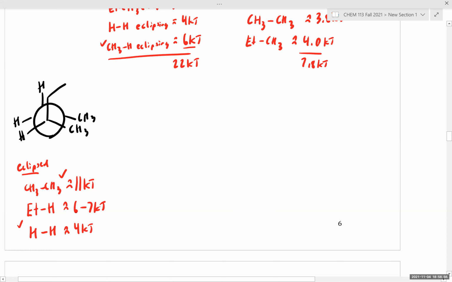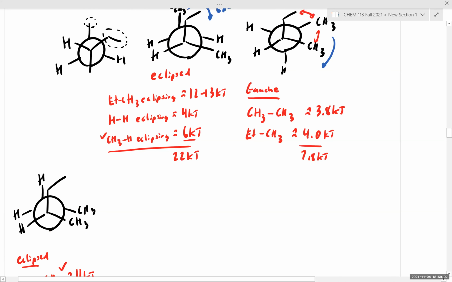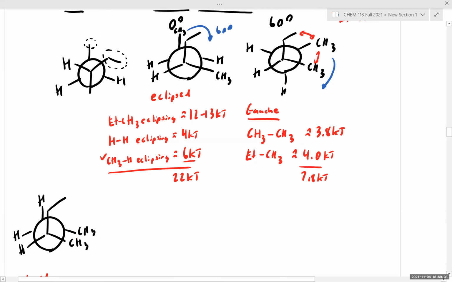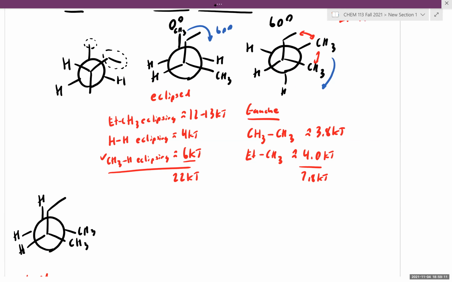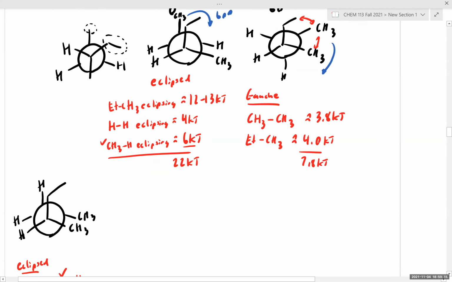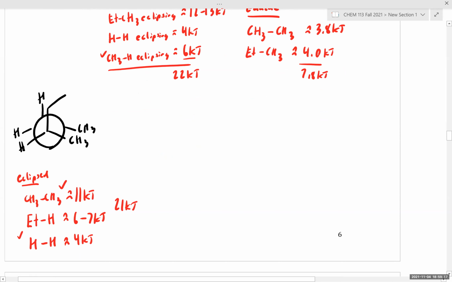So in total, we have 17 to 21 kilojoules of strain, which makes sense because this eclipsing interaction has lower energy interactions compared to the first 0 degree eclipsing conformation. So the numbers that we're estimating are consistent with the qualitative estimation of strain.